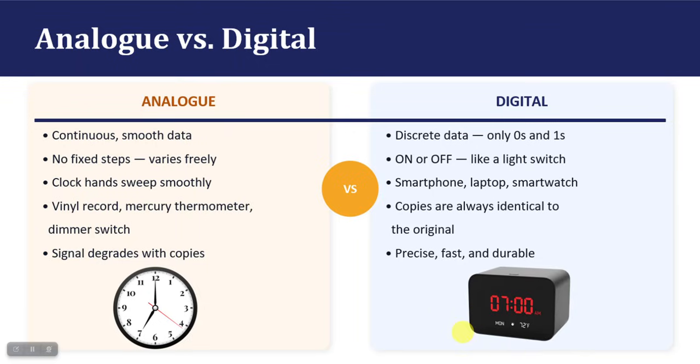Your smartphone, your laptop, your smartwatch, all digital. And here is the beautiful part. When you copy digital information, the copy is always identical to the original. No quality loss at all. That is a part of why digital devices are so precise, fast, and durable.